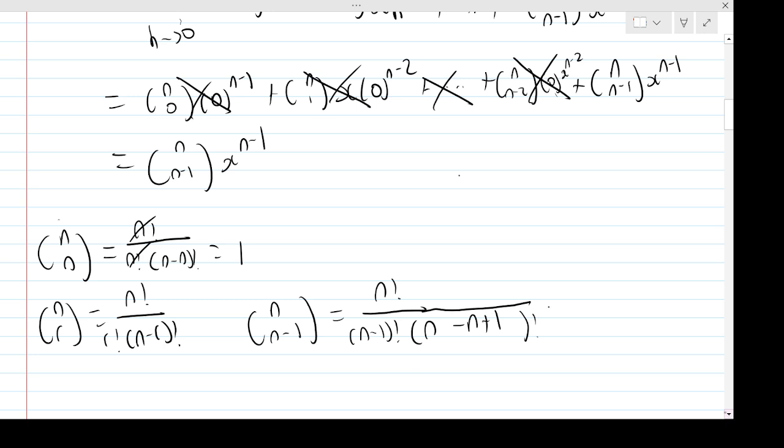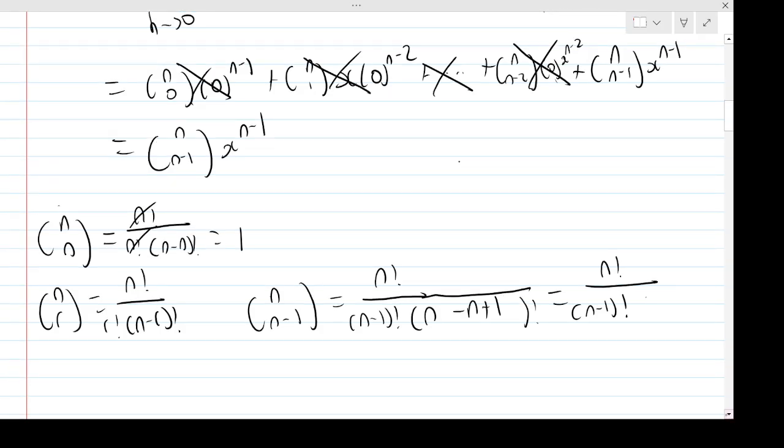That leaves me with n factorial over n minus 1 factorial times 1 factorial, because that n minus n cancels out, so I'm left with 1. And 1 factorial is just 1, so that's nothing either.